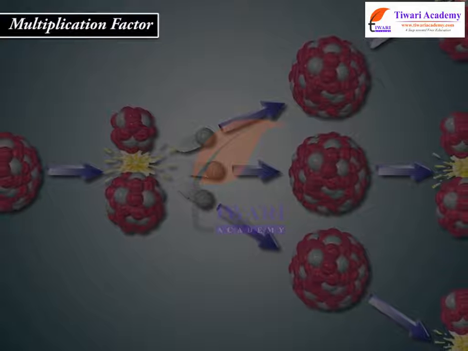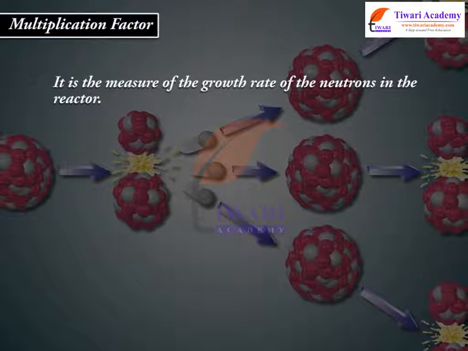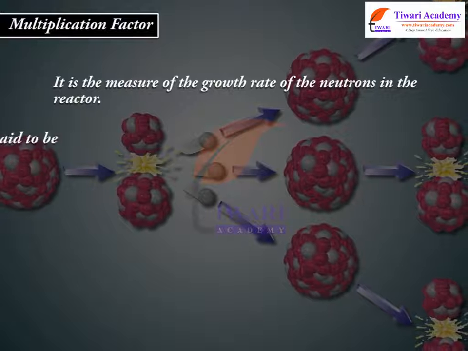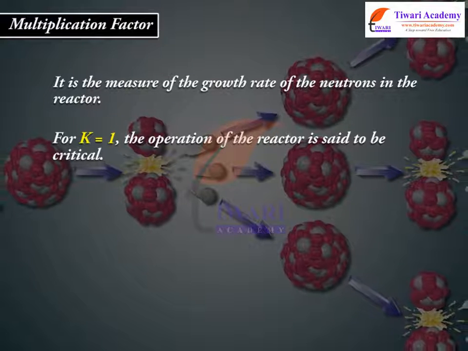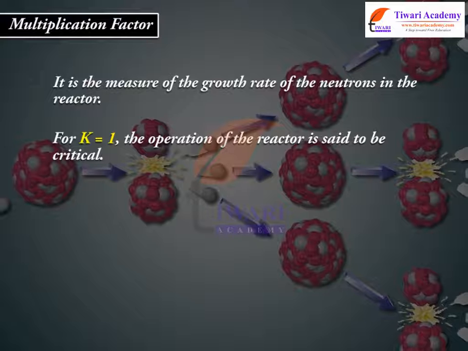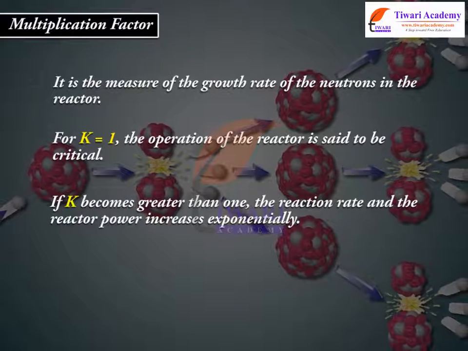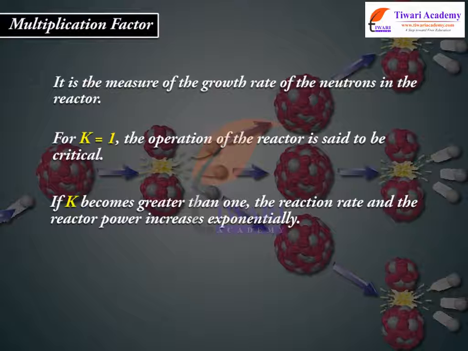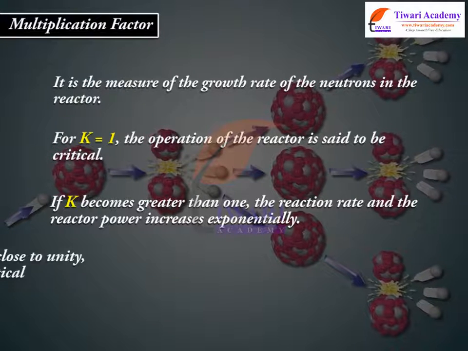Multiplication factor. It is a measure of the growth rate of the neutrons in the reactor. For K equal to 1, the operation of the reactor is said to be critical. If K becomes greater than 1, the reaction rate and the reactor power increase exponentially.